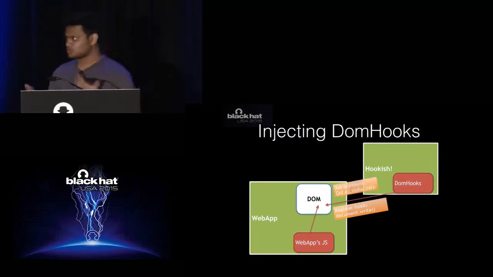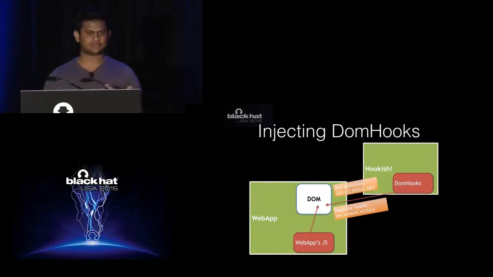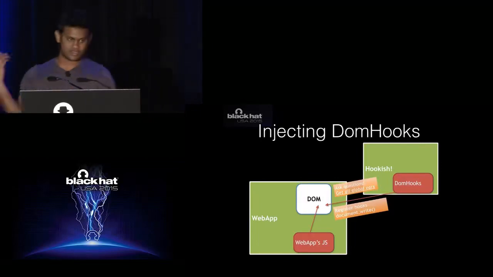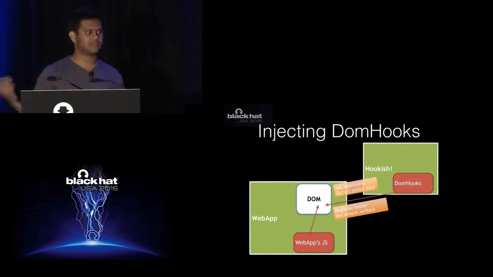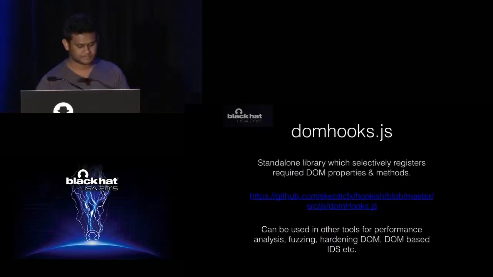Now, you can also ask delayed questions, right? Once the web app has loaded and has reached a certain state, you can ask questions like, okay, give me the list of all global variables that your DOM has currently exposed, and various other interesting questions like this.